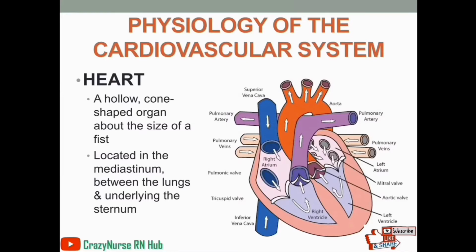Then we have your pulmonary artery, then pulmonary veins. We also have the left atrium, your mitral valve, left ventricle. We have your aortic valve and the aorta. So these are the structures of your heart.